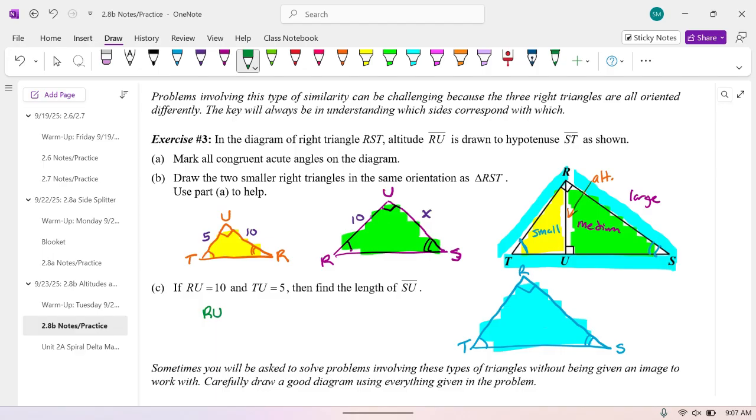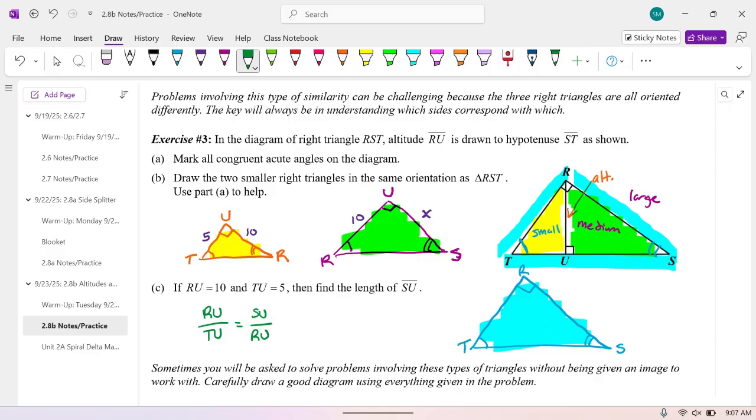RU on the green triangle, and which one on the yellow triangle corresponds to that? TU. And that has to be equal to what? So what's the side we're trying to find on the green triangle? SU. And then what's its corresponding side on the yellow? RU.